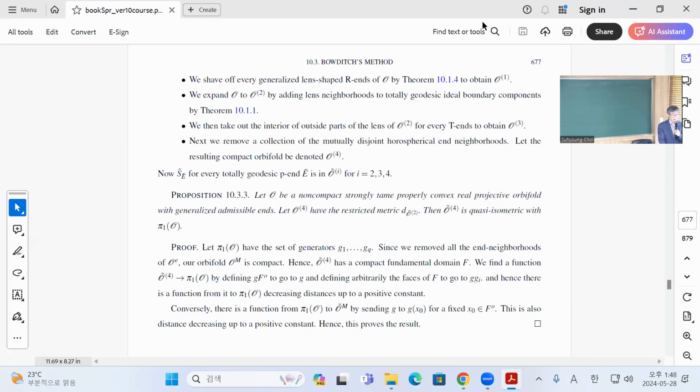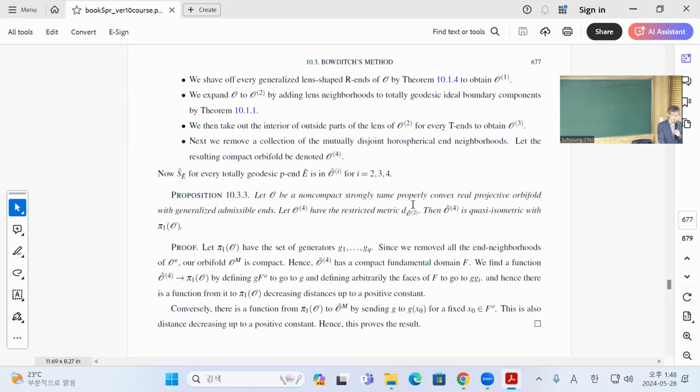So to prove the converse, I have to shave off every lens-shaped R_n, and then we need to expand the total geodesic ideal boundary component by lens neighborhoods, and so then we take the interior outside of these lenses to obtain Omega_3, O_3, and then you remove some horospherical neighborhoods, you call it O_4.